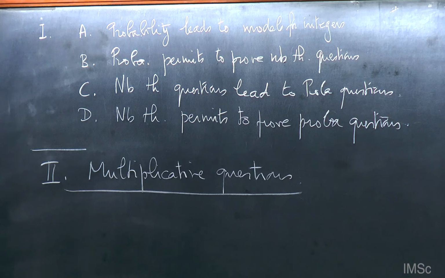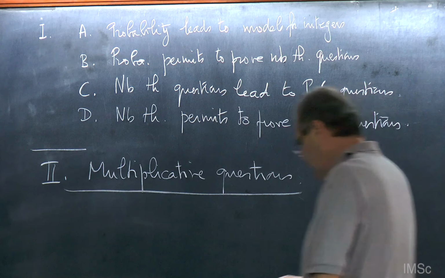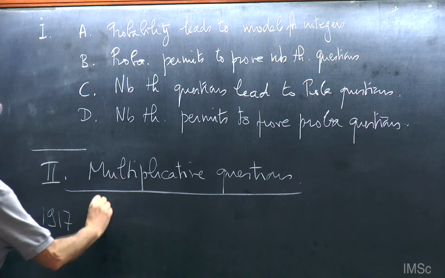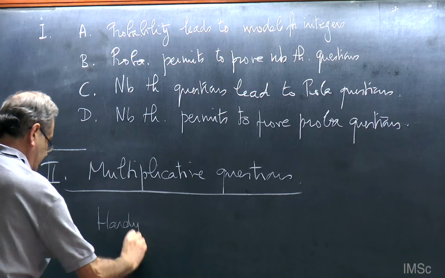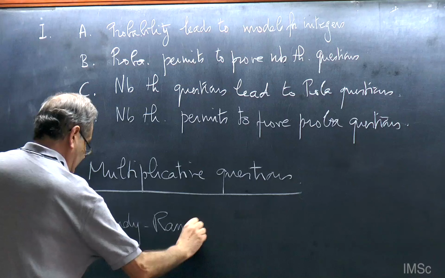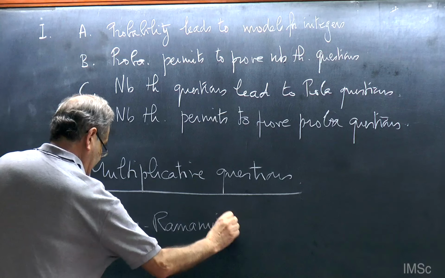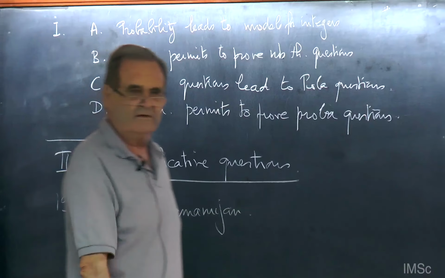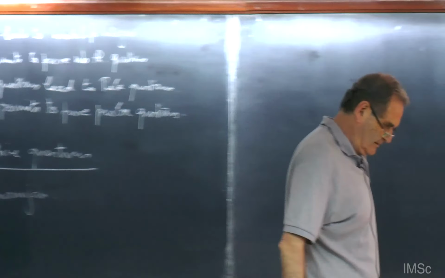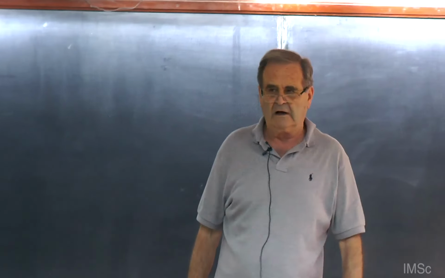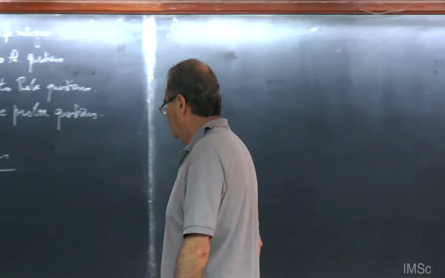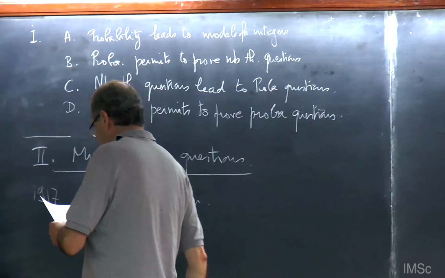Probabilistic number theory is essentially considered as having been introduced in 1917 by Hardy and Ramanujan. This is about one century ago. And then it has been much developed in the 50s by Paul Erdős.